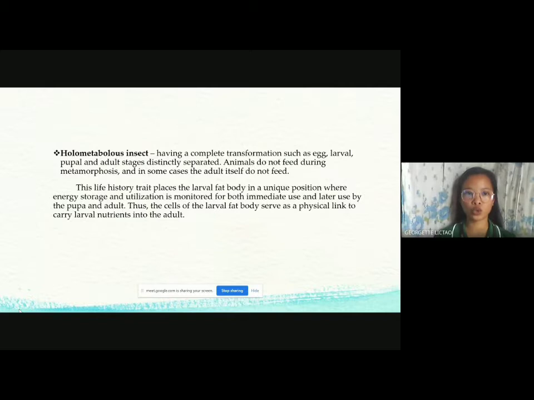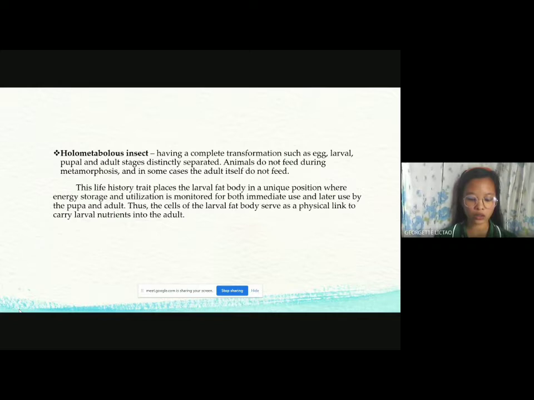Animals do not feed during metamorphosis, and in some cases, the adult itself do not also feed. Then, yung example ng holometabolous insect is yung silkworm moth.